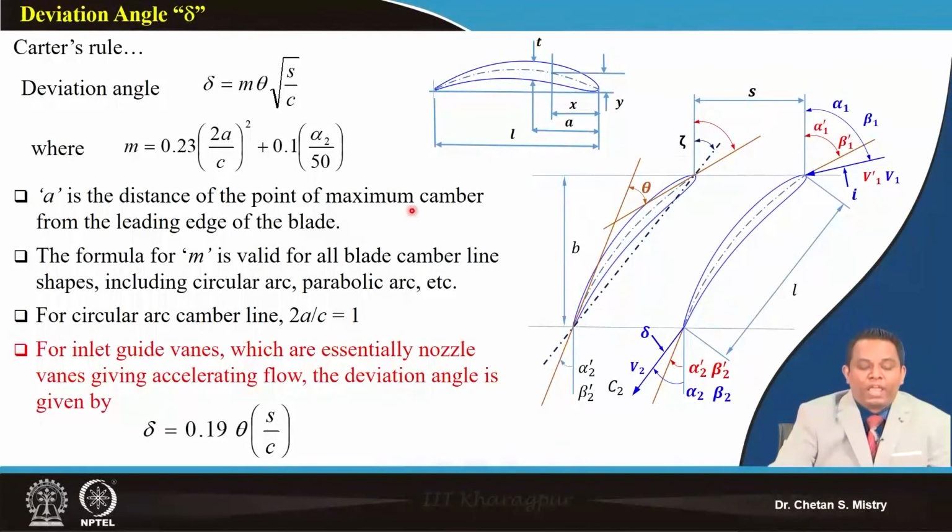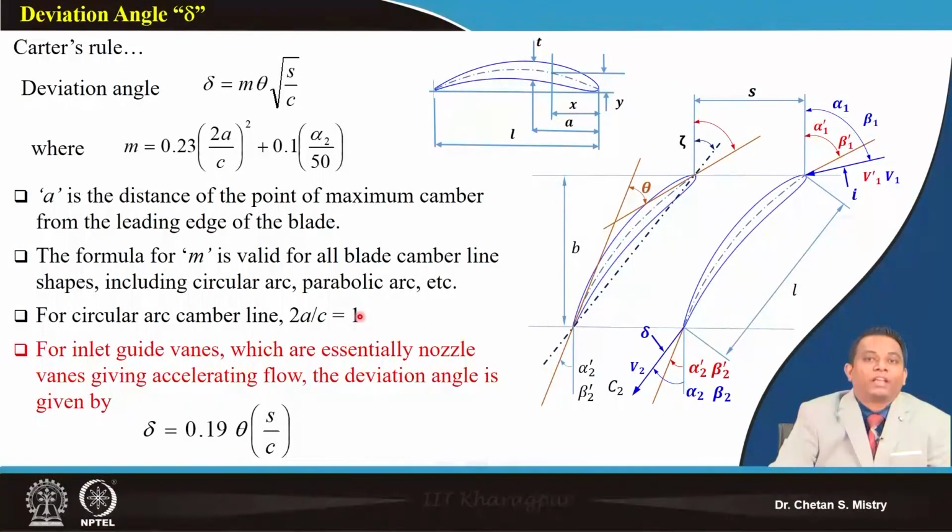This m varies with the different kinds of camber lines we select. We will see very soon what exactly the different kinds of aerofoil mean. When we have a circular arc camber line, 2a by c is equal to 1.